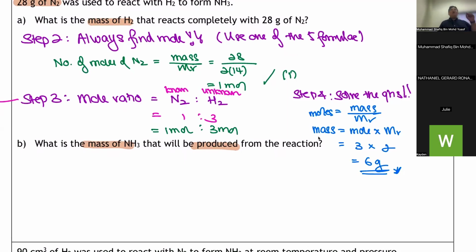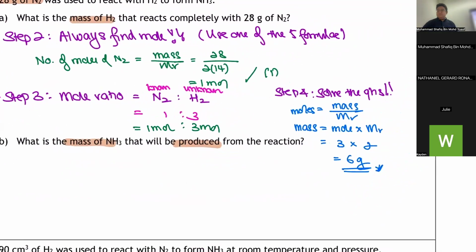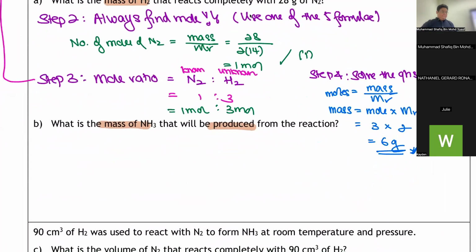Okay, so now I want you all to try using the 4 steps. Can you all calculate for me what's the mass of ammonia produced? Can you all try? I want now ammonia. How much ammonia produced? Can you all try? Okay, using the 4 steps, same.